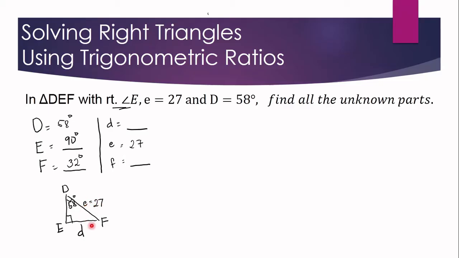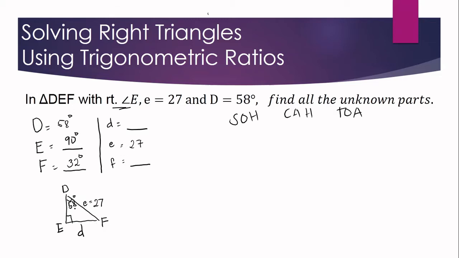So again, pag tiningnan to, the angle is 58 and the unknown side is the opposite side, and then the given on the problem is the hypotenuse. So using our mnemonic, isulat lang natin, the mnemonic, we have the SOH, CAH, and then TOA. This is the most commonly used, the sine, cosine, and then the tangent.